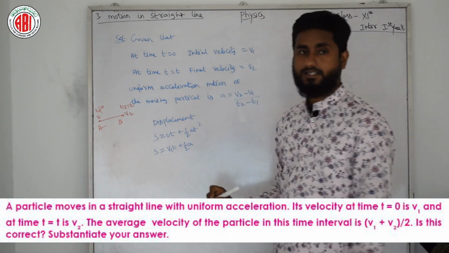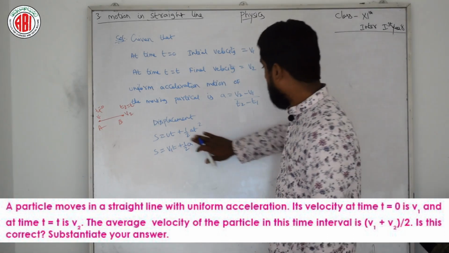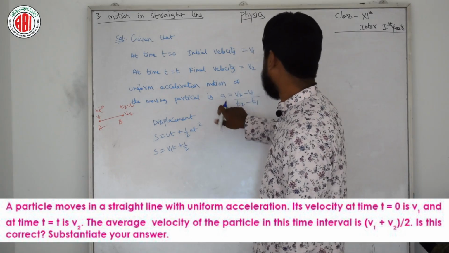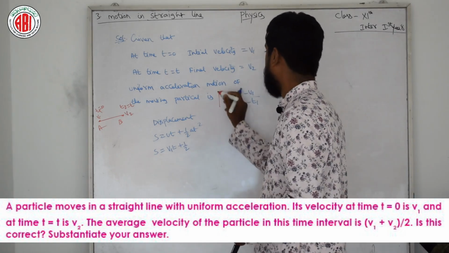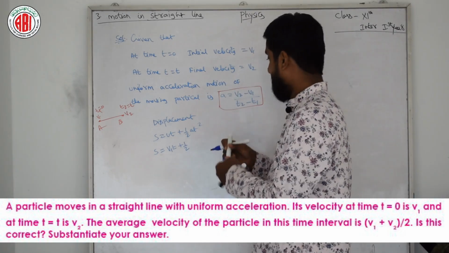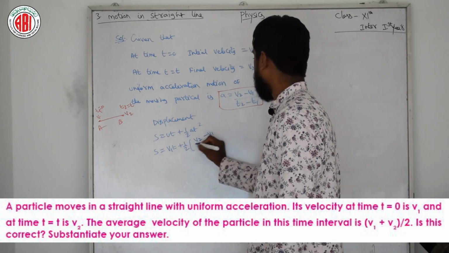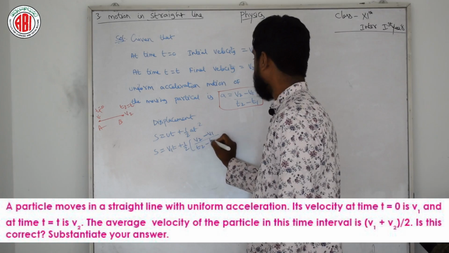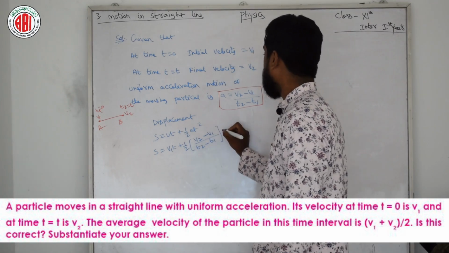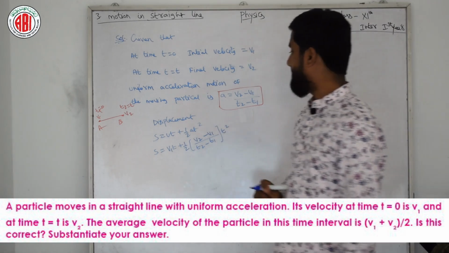For a we need to write the acceleration, which I am marking in the box: (v2 minus v1) by (t2 minus t1) into t square.